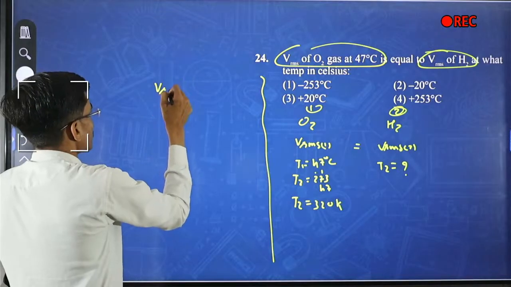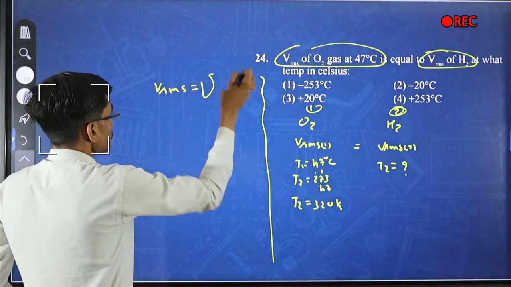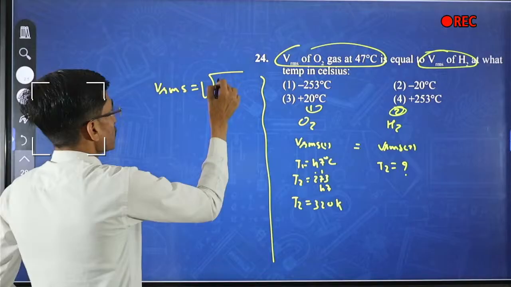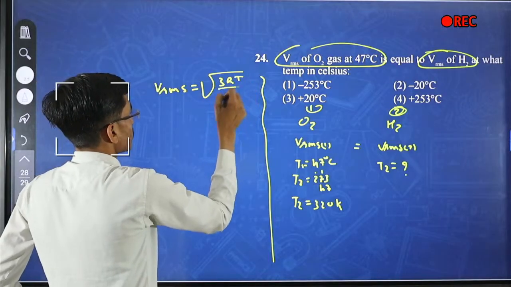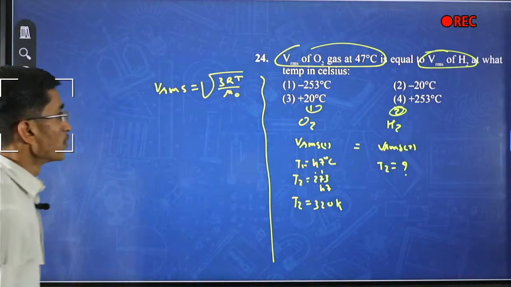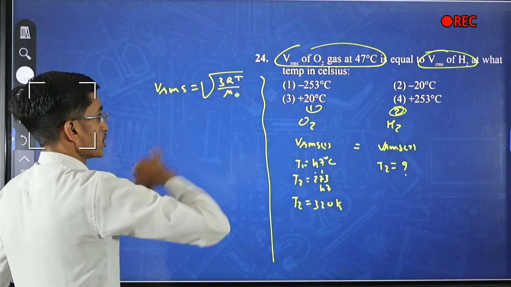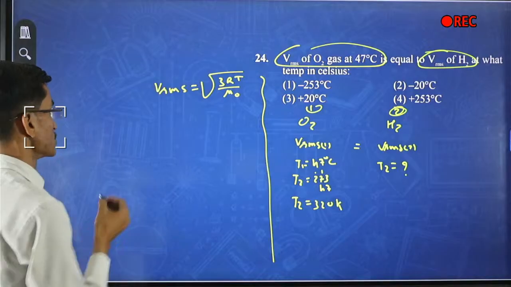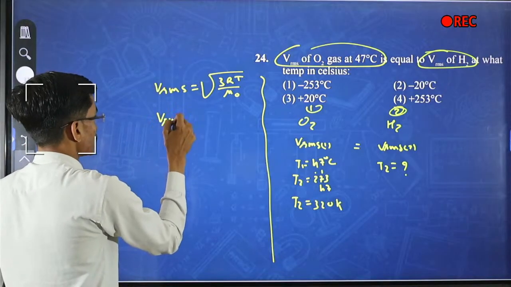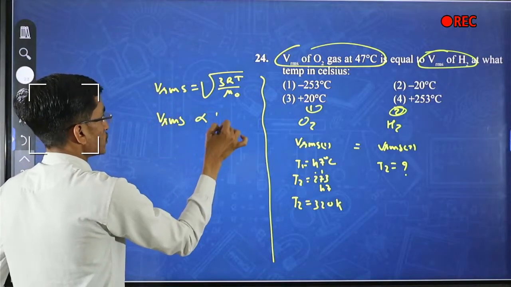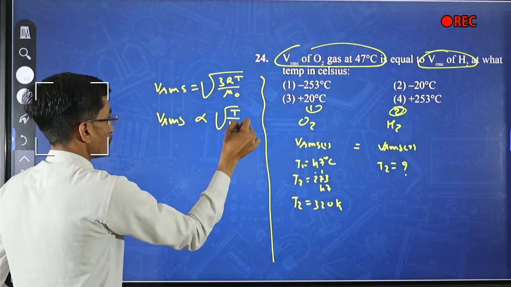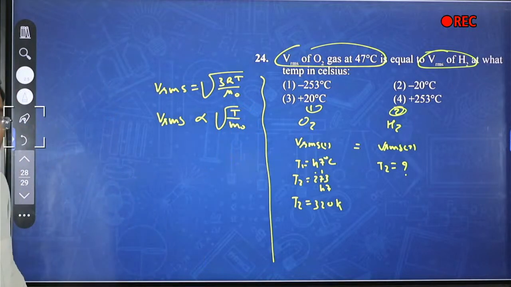So VRMS can be written as root of 3RT by m0. Okay, so 3R is constant for both, temperature and atomic mass changing. So VRMS is proportional to under root T upon m0. But VRMS for both gases are same.